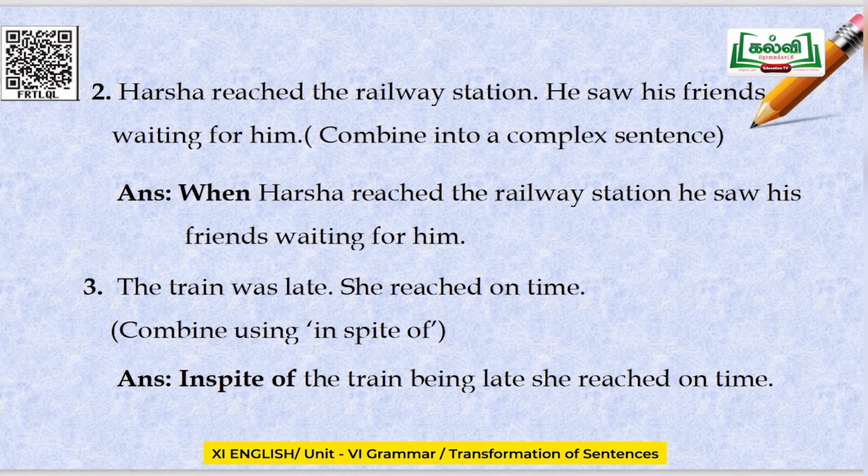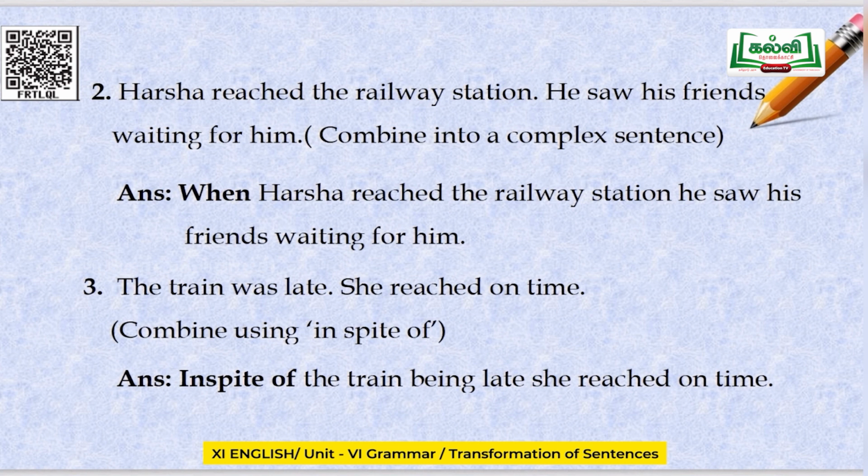Third one, the train was late. She reached on time. Now these two sentences are just in contrast. The train was late, but she reached on time. Now you have to combine it into a simple sentence using in spite of. Let us take the first one which happened first.